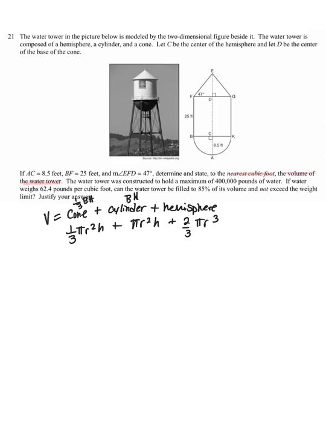Okay, so we have the radius. That's not a problem. We have this height. We need this height. So we have to start by using trigonometry right over here, right triangle trig. So I have the 47.